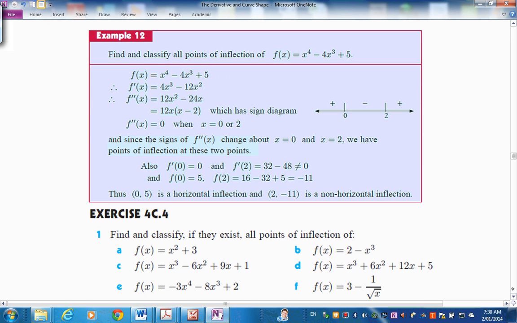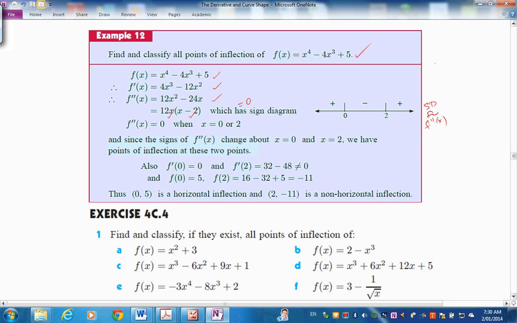Okay, here we go. Find and classify all points of inflection. So we're just doing points of inflection now. So here, there's the function, get its derivative, do it again, put equal to 0. Okay, and they don't show this. Put equal to 0, so either x is 0 or x is 2. So this is a sign diagram for the second derivative now.